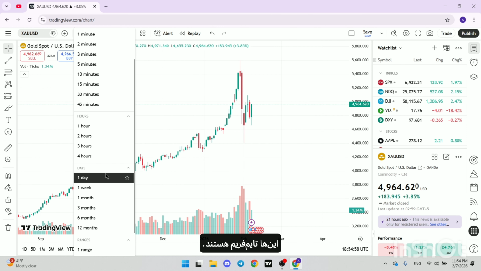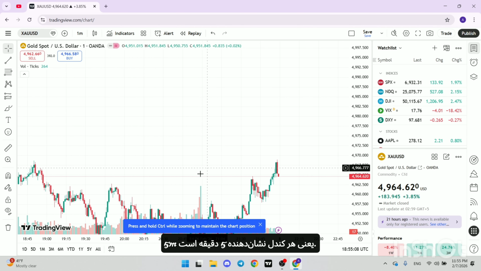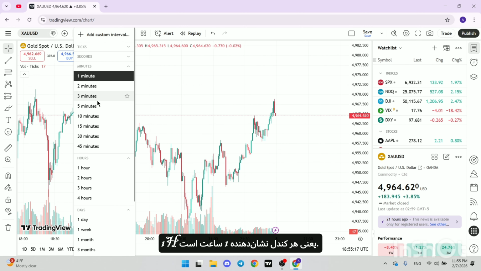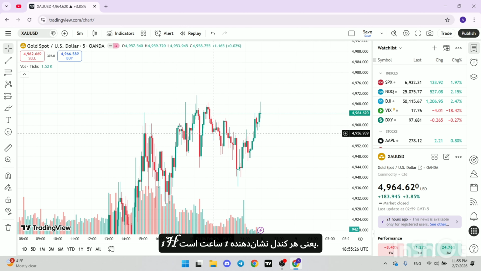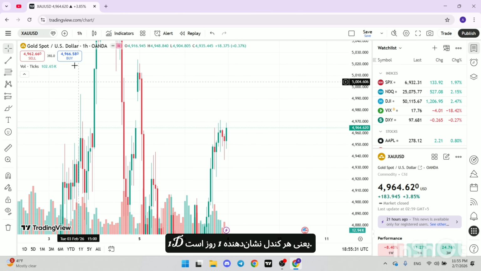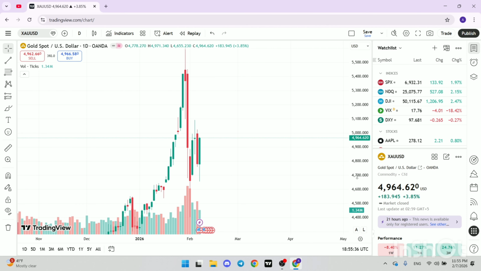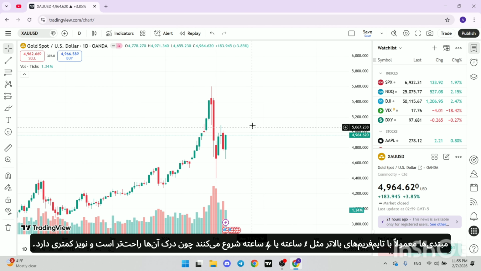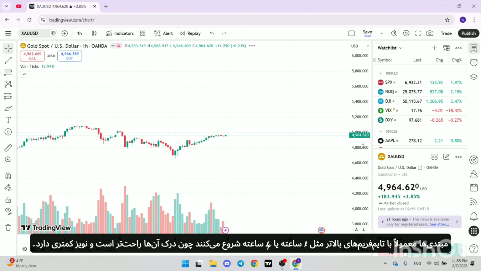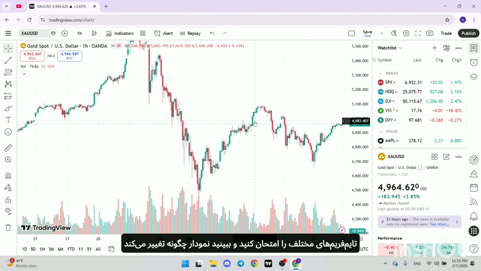These are time frames. 1 minute means each candle shows 1 minute. 5 minutes means each candle shows 5 minutes. 1H means each candle shows 1 hour. 1D means each candle shows 1 day. Beginners usually start by analyzing higher time frames like 1 hour or 4 hour because they are easier to understand and less noisy. Try clicking different time frames and see how the chart changes.